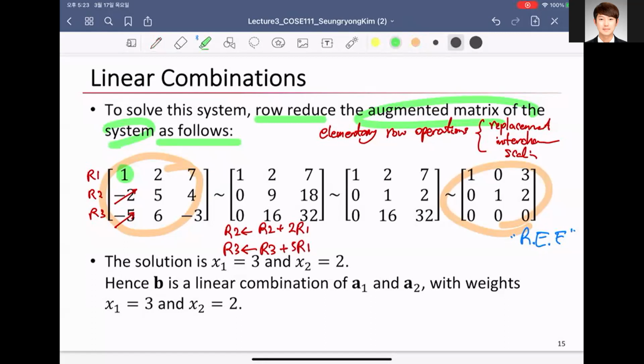Then we achieve this. From now on, I won't solve line by line because it would be very time consuming, so please do it yourself after class. It is simple calculation. If you don't fully understand yet, please recap.